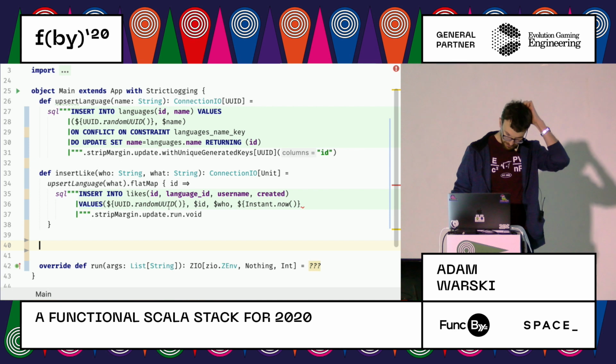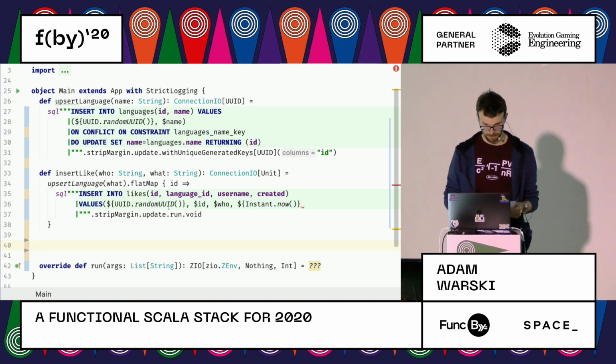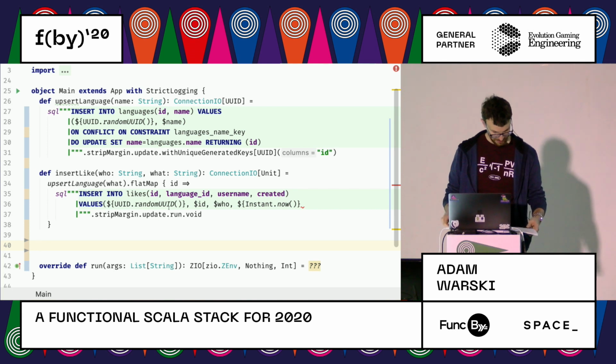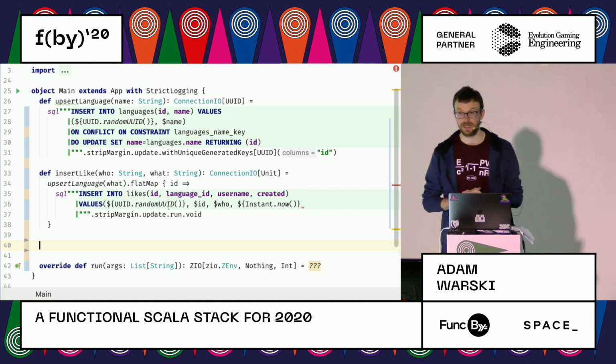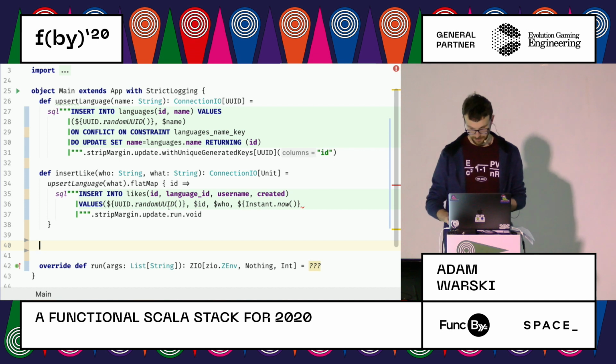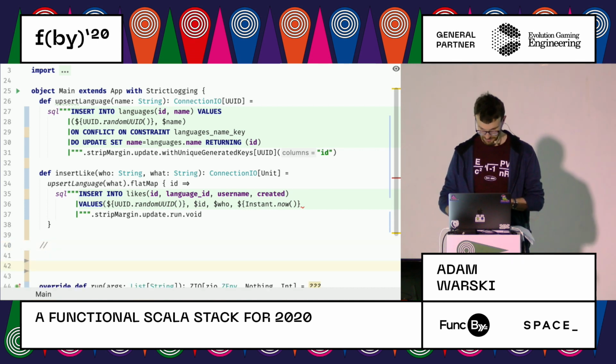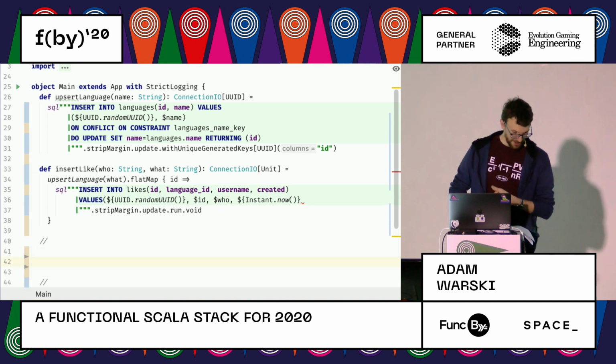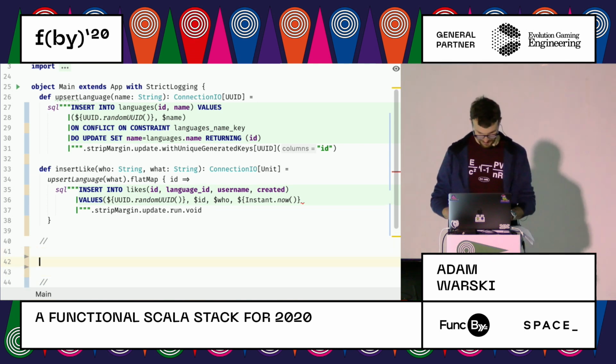Okay, so now that we have the query, let's describe the endpoint which we'll use to actually save our data. So we will do that using tapir. That's another library which we've been working on at our company, and that's why I'm using it. Also because it's really good. Okay, so yeah, let's create our endpoint.